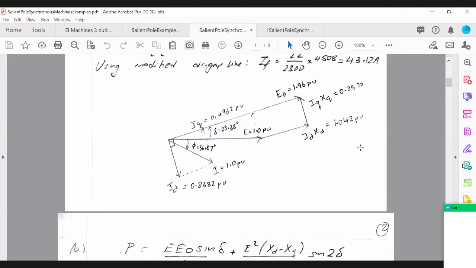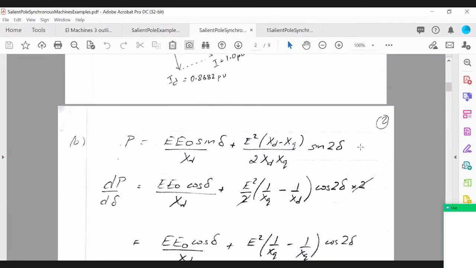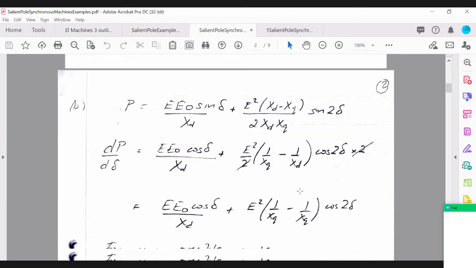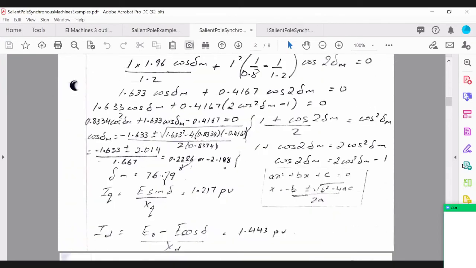And then we were asked to find at what angle the machine will operate at maximum load angle. So we worked that out, and we found the angle to be 76.79 degrees. That's the maximum possible angle of delta.